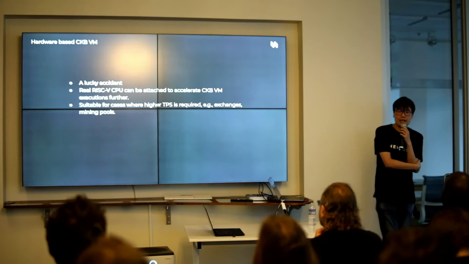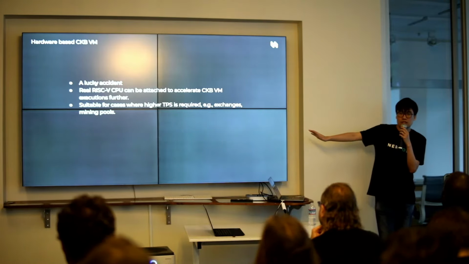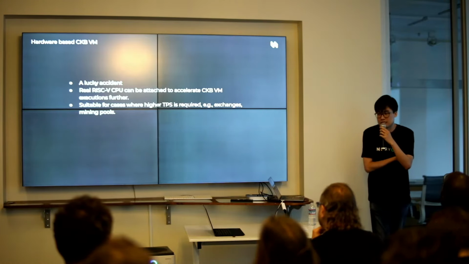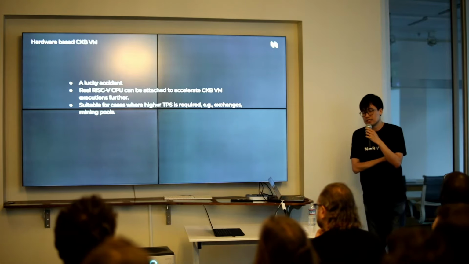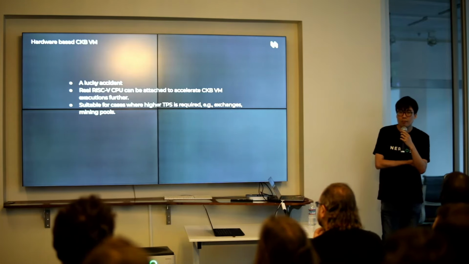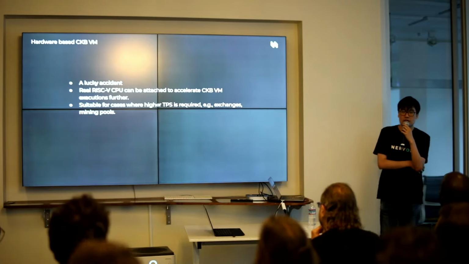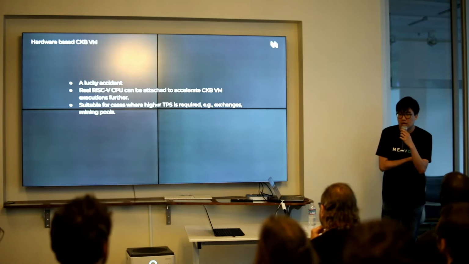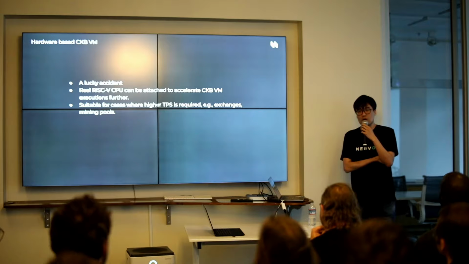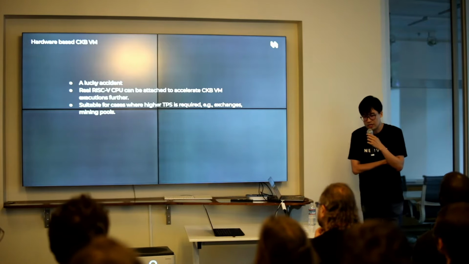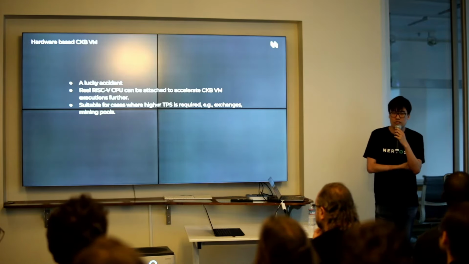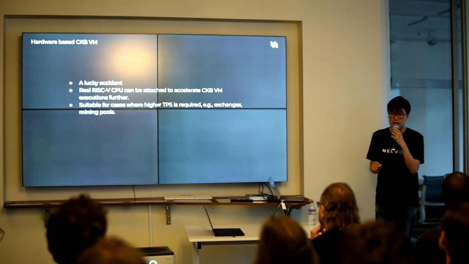And also, there's a lucky accident. We didn't design for this, but it turns out to be a very interesting use case. We're working to make CKB VM really fast. We're working to make sure that our standard can just use a software implementation, but it doesn't stop the use case where you can use a real RISC-V CPU as a virtual machine in CKB.